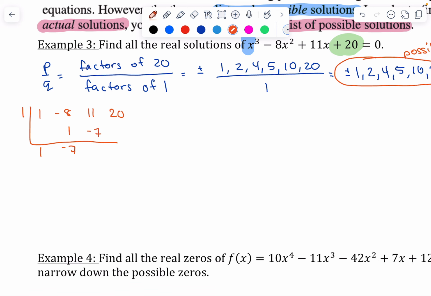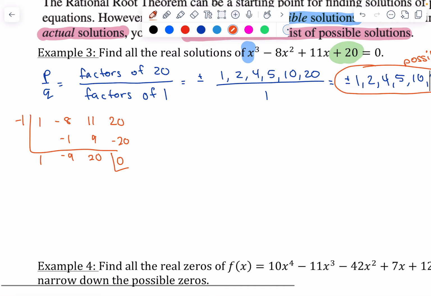It's going to be 4. Okay, so this doesn't work because I don't get a remainder of 0. I get a remainder of 24. Okay, so now let's try negative 1. So just erase this and try negative 1. Okay, and that works.